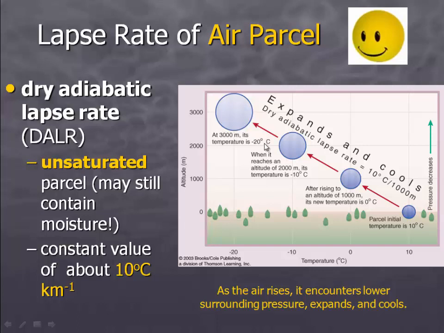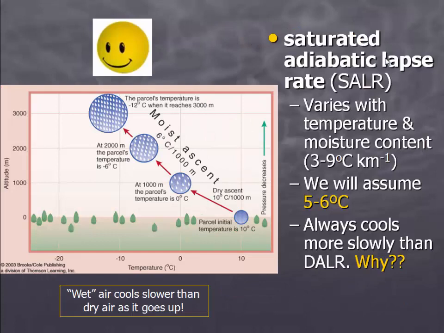You would follow the dry adiabatic lapse rate until the temperature of the parcel equals the dew point temperature. And then we'll see what happens after we hit that particular value. Let's say we were to lift the parcel of air, its temperature initially was 10 degrees Celsius, its dew point was 0 degrees Celsius.